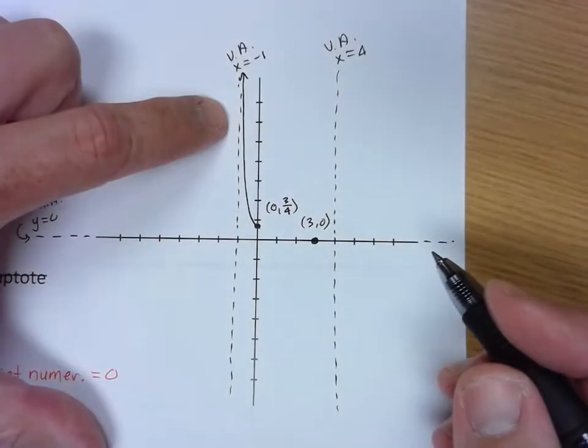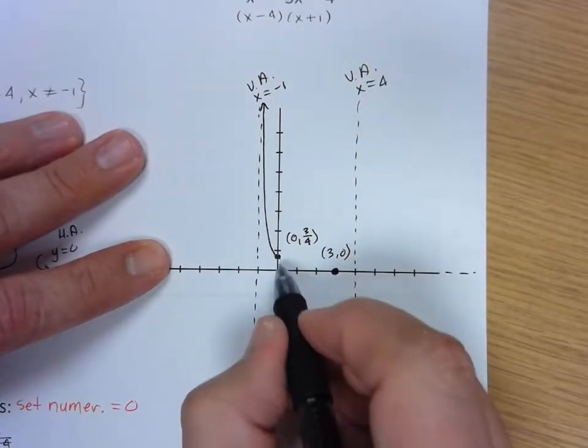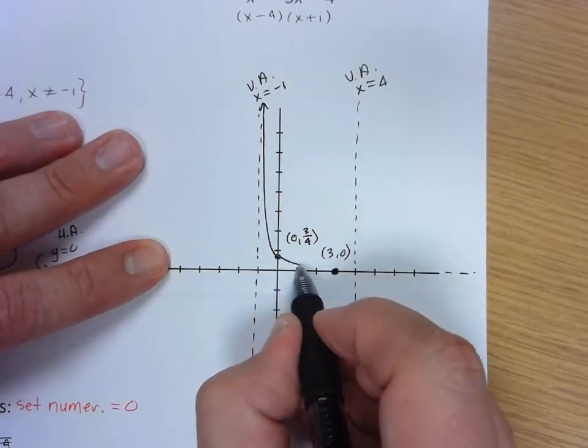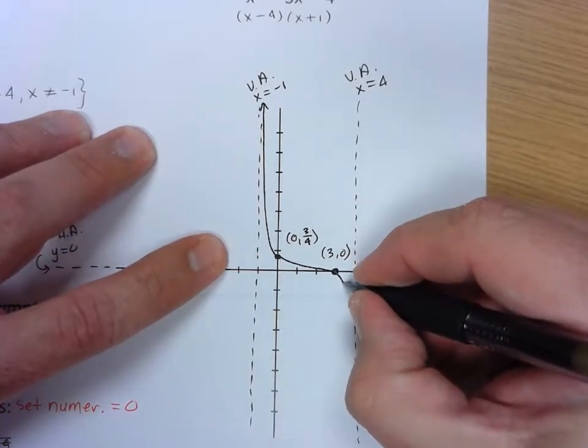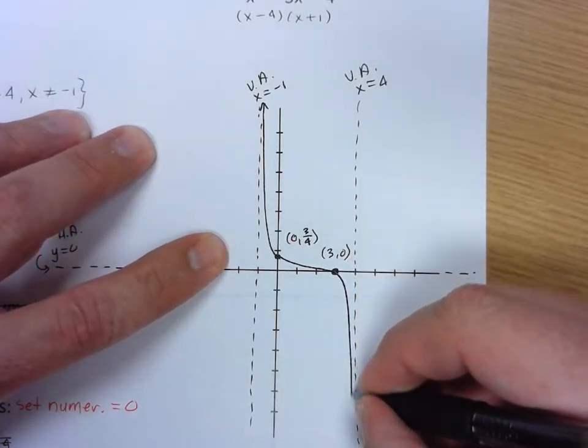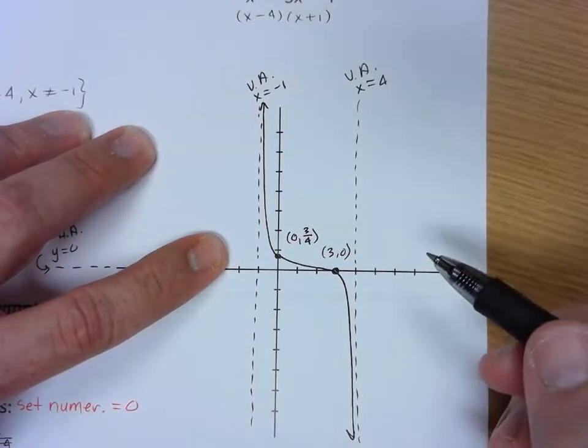It's going to come from positive infinity. It's going to catch that y-intercept at 3/4, come catch this x-intercept at 3, and then it'll have to go to minus infinity because it doesn't cross the x-axis anymore.